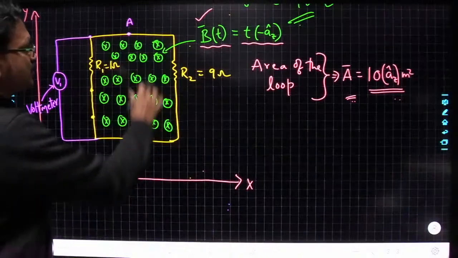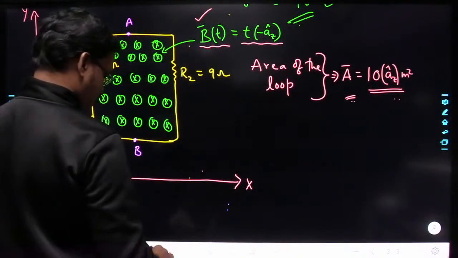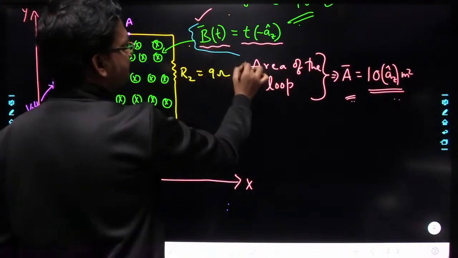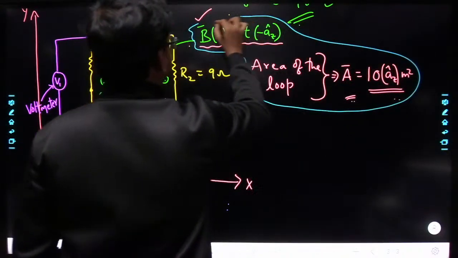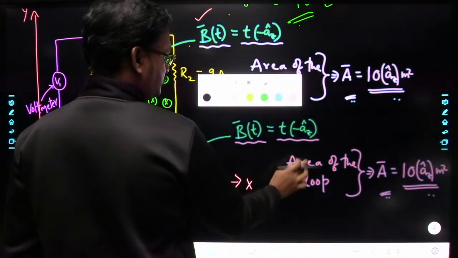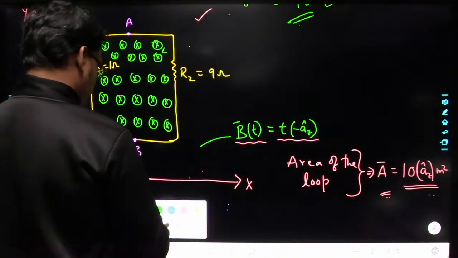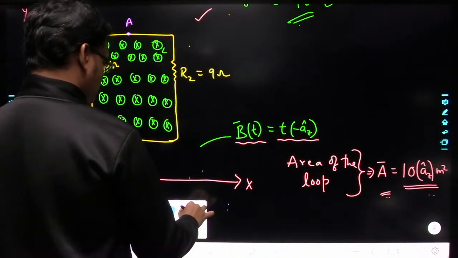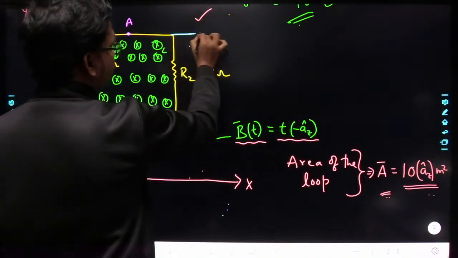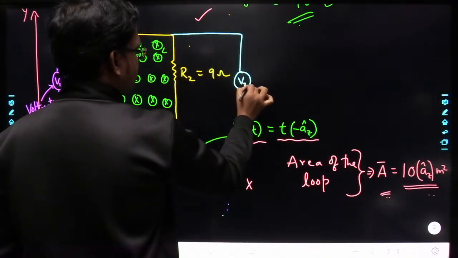So next, on the other end also, on this side I am connecting another voltmeter. Let us say this is V2.